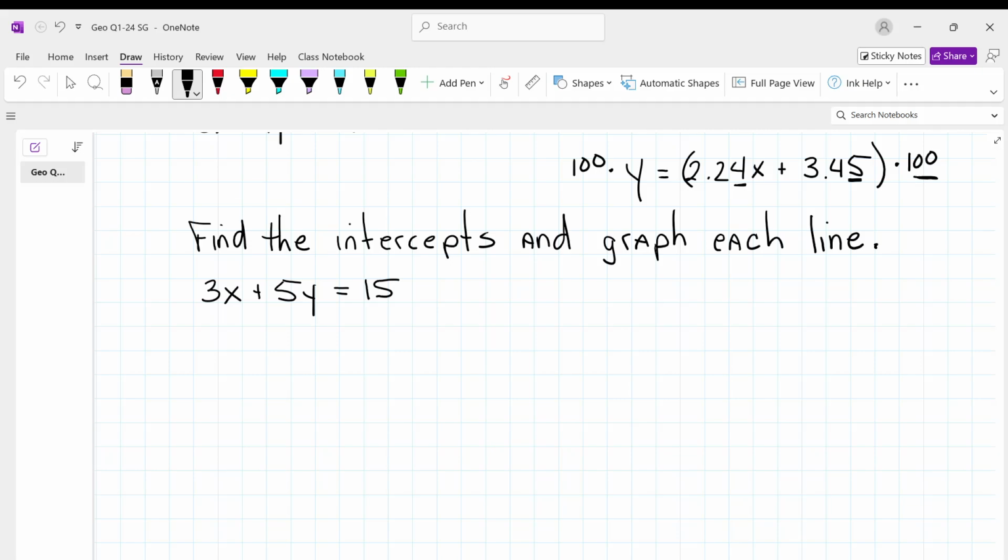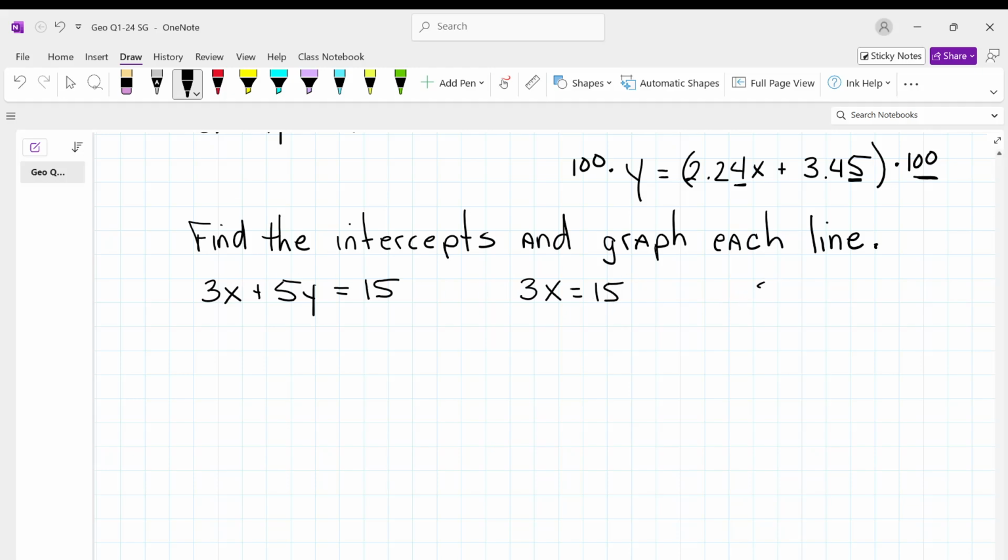If 3x plus 5y is equal to 15 and we need to find the intercepts and graph each line, we're going to write 2 equations. We're going to write one equation and we're going to eliminate the 5y. So we're going to say 3x is equal to 15. We're going to write another equation and eliminate the x.